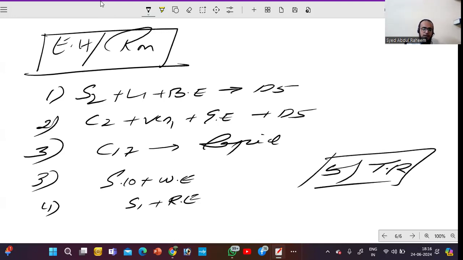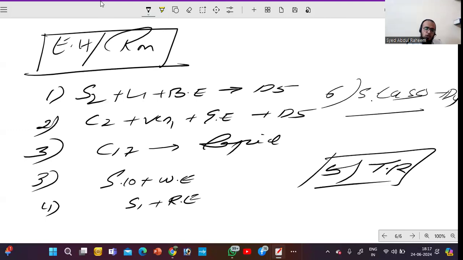Here I advise a temperamental remedy, and you can add another thing here, S last in D4. It removes excess things from the body which are not helpful, and if you have a constipation problem, constipation is also relieved by the S last.